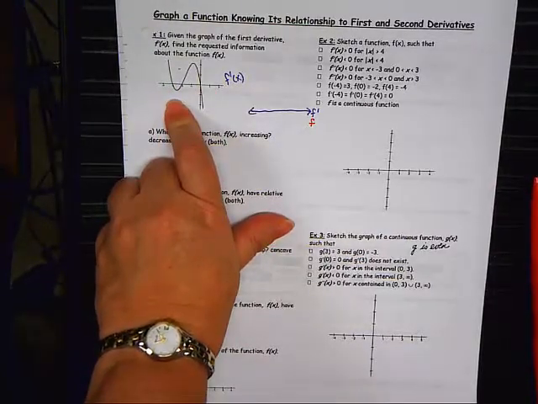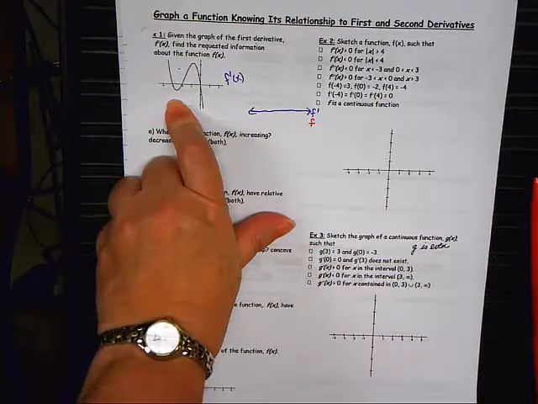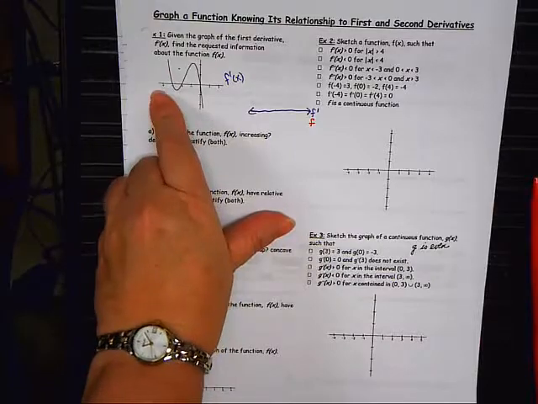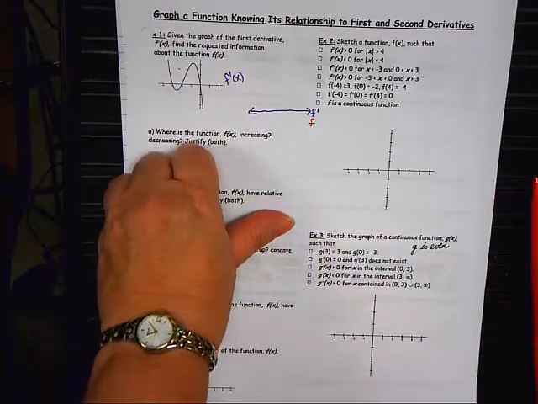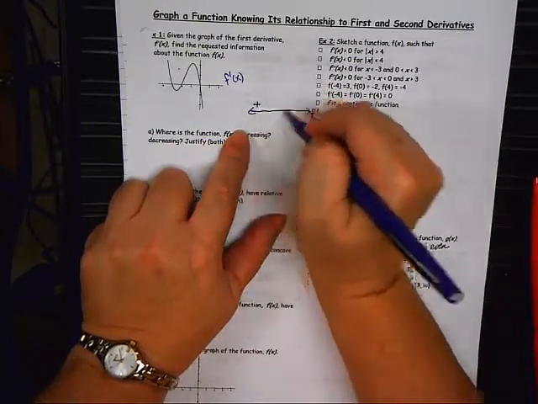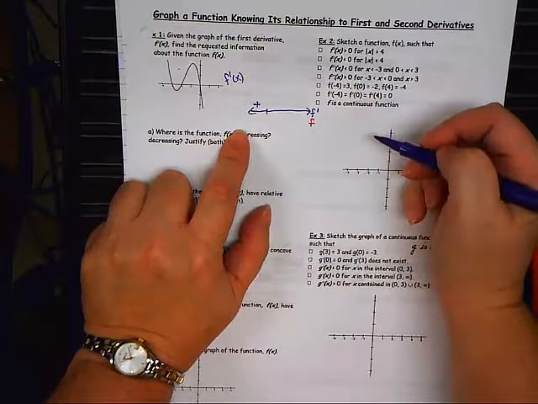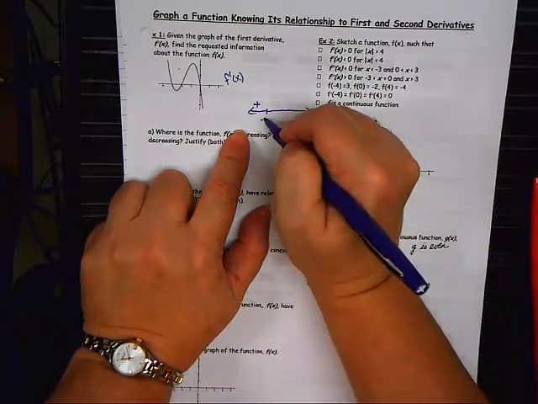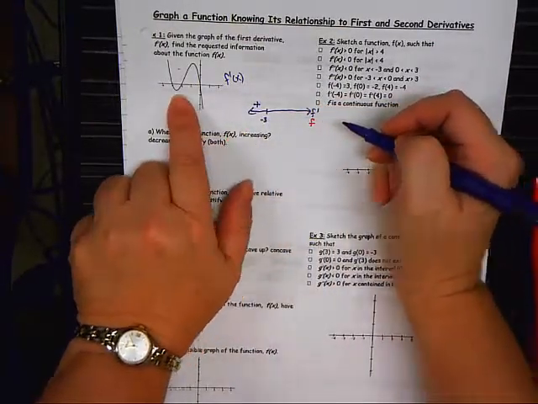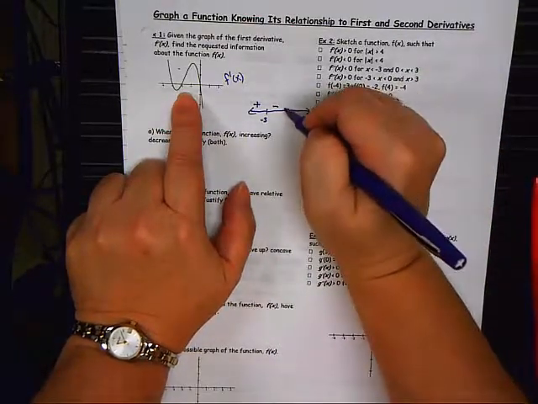Now, once again, what is the definition of a graph being positive? Above the x-axis. So look at this graph right here. Does it start out above or below the x-axis? Above. So I'm going to put a plus sign right there because it starts out above until I get to what number? Negative 3. And then it goes below, so it's negative until I get to what?